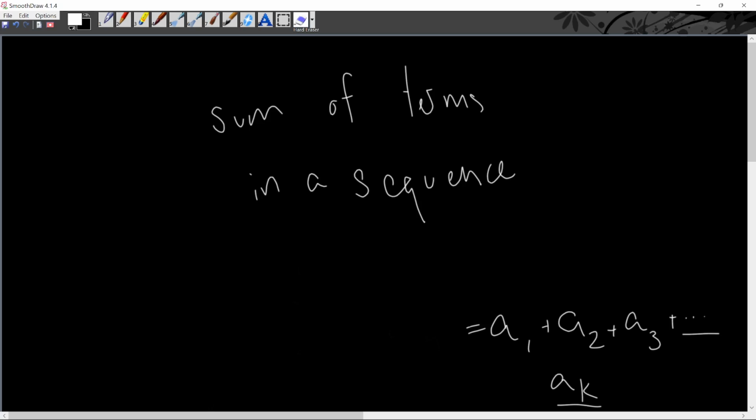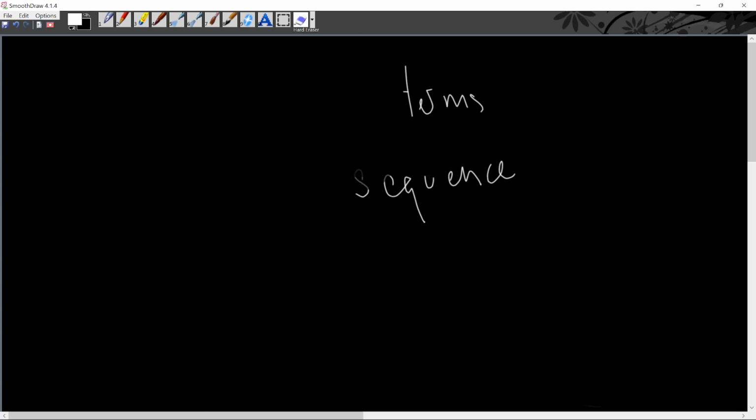I was going to do an addendum video to my sequences video talking about arithmetic sequences and geometric sequences, in which case partial sums usually have some interesting properties. But for us, we're going to be talking about infinite series, and mainly convergence and divergence of these series.